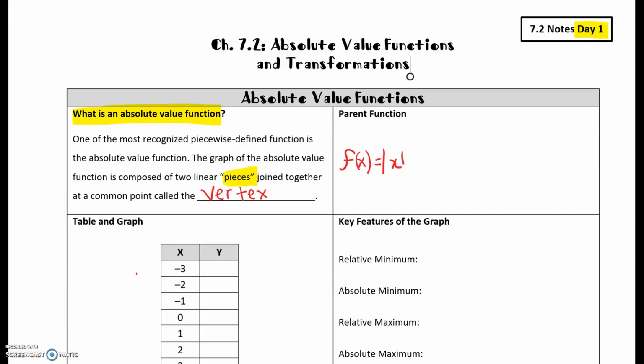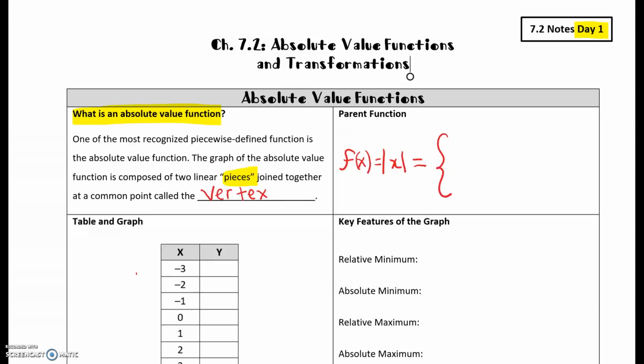So of course, we need to start with f of x equals absolute value of x. Now, how is this a piecewise defined function? Well, if you recall the definition of absolute value, it is the distance a number is away from 0.